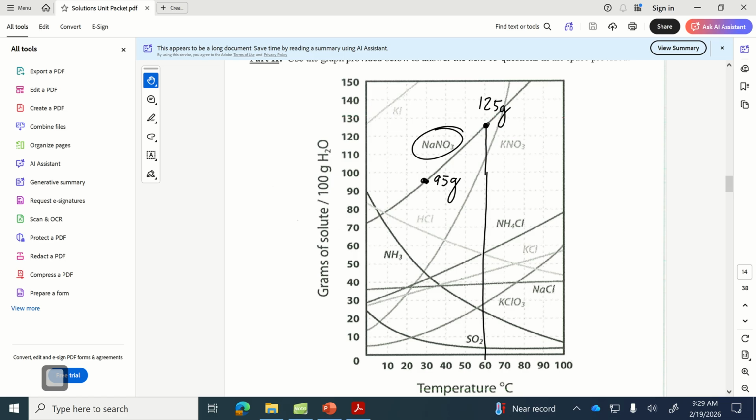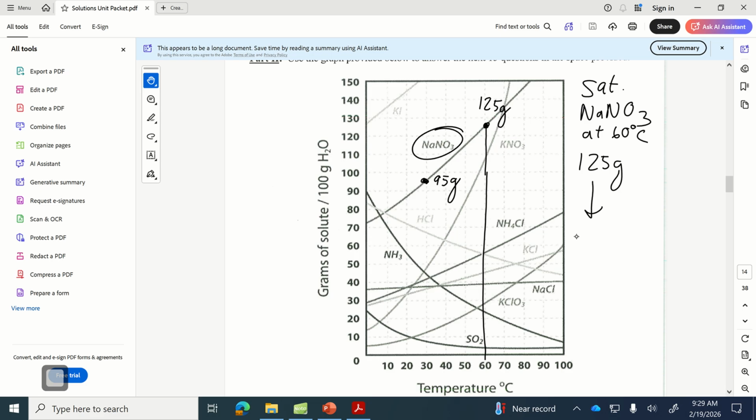So, what I could ask is, I make a saturated solution of NaNO3 at 60 degrees Celsius. A saturated solution of NaNO3 at 60 degrees, I can get 125 grams in it.